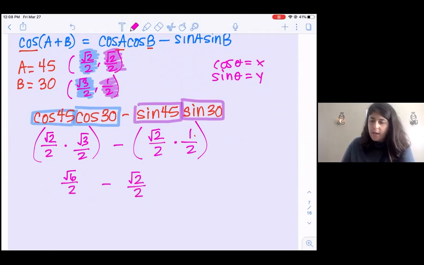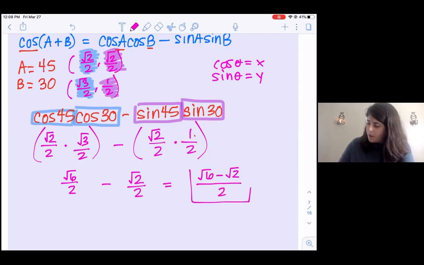And I want to simplify it as far as I can. So we've got common denominators. So I'm just going to do square root of 6 minus square root of 2 over 2.